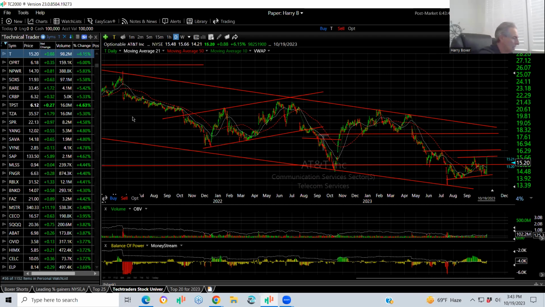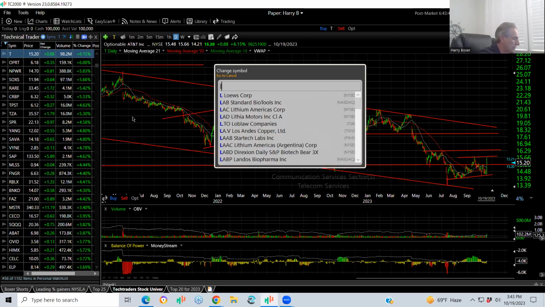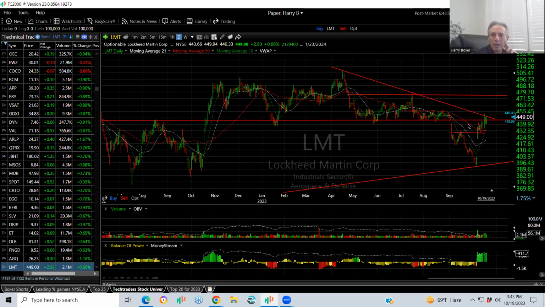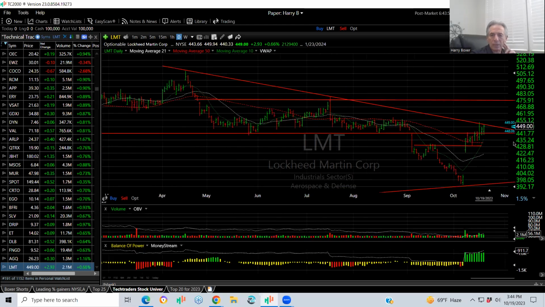LMT, aerospace. Well, it's a very expensive stock, $440. Now, this breakaway gap got right to resistance. Actually got through it, tagged the declining top line. This is a solid pattern that looks like a bottom. Breakaway gap and a rising channel. I think they had a really good earnings report.